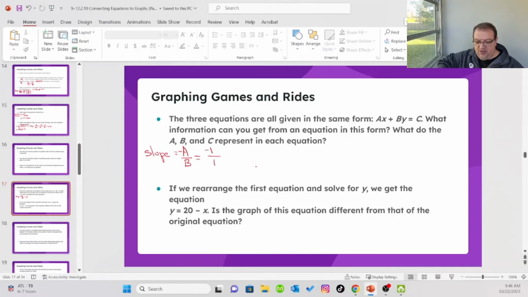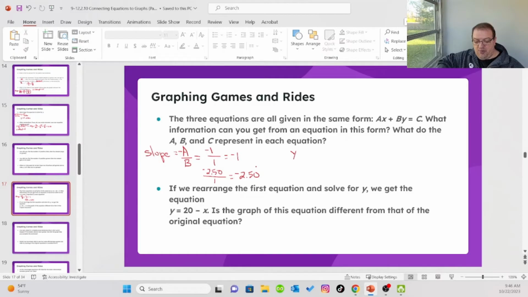So this would give us negative 1 divided by 1, which equals negative 1. And we said that was our slope. If we think about our second equation, negative a would have been negative 2.50, and our b would have been 1, and we ended up with negative 2.50, which was our slope.